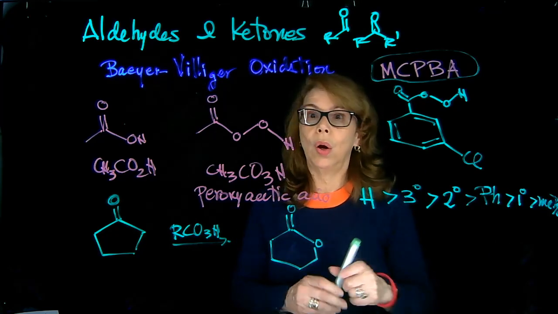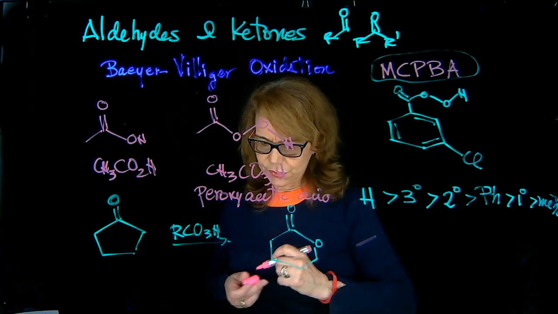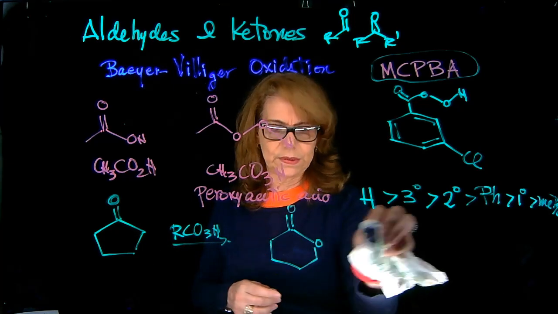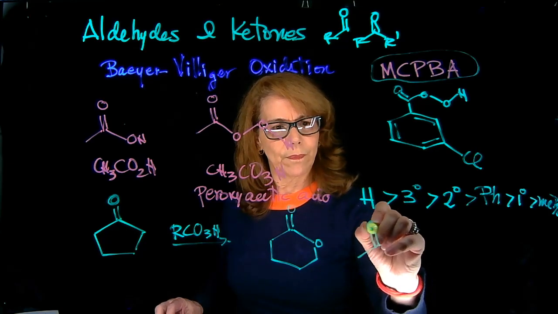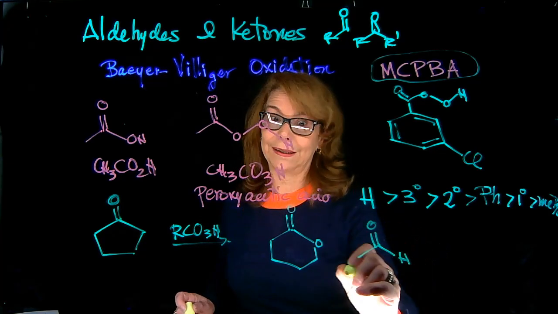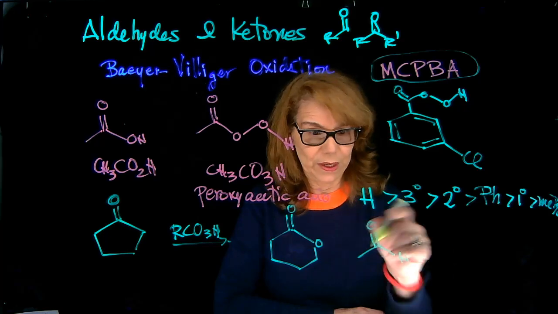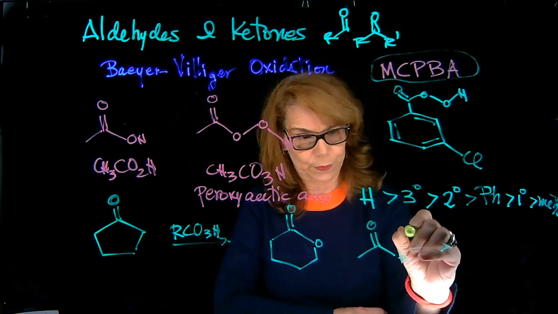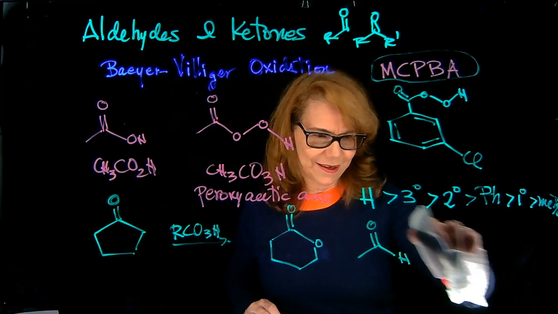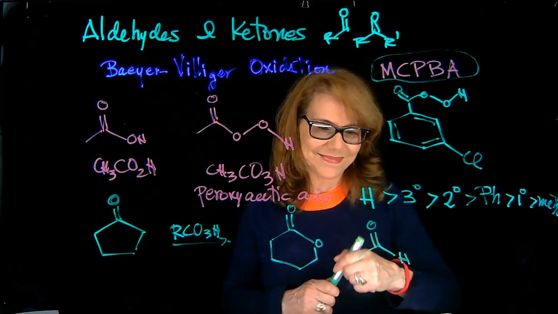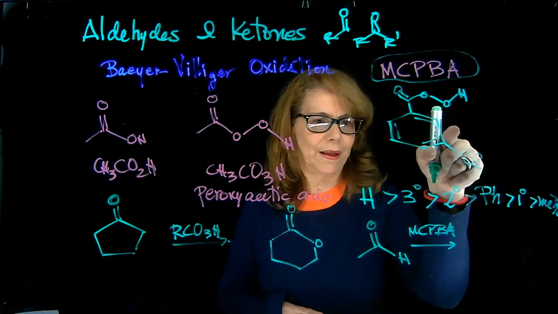So let's do an example with this. Now let's do an unsymmetrical carbonyl compound. This was symmetrical. Now I have a carbonyl. I'm going to draw an aldehyde, so acetaldehyde. So this carbon is primary, and that is a hydrogen. If you put that with, say, metachloroperbenzoic acid, mCPBA, that's a per acid.